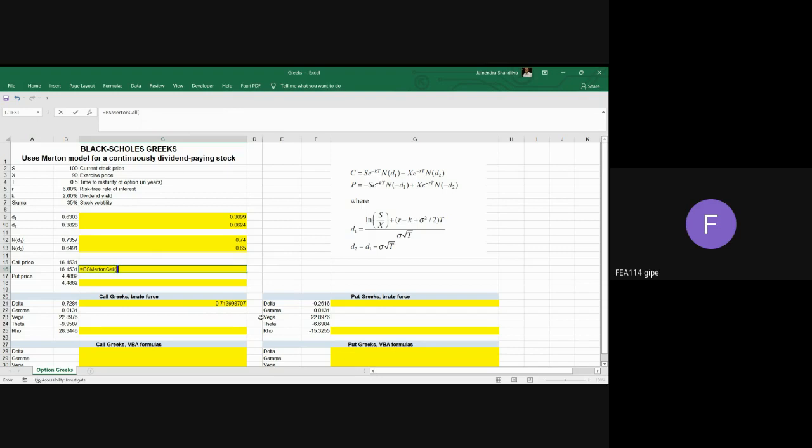And once you have this, you have to follow the same sequence: stock price, exercise price, time, risk-free rate, dividend yield, and stock volatility, and you are done. And then you press enter. So you get 16.15, which is exactly the same as the textbook answer.